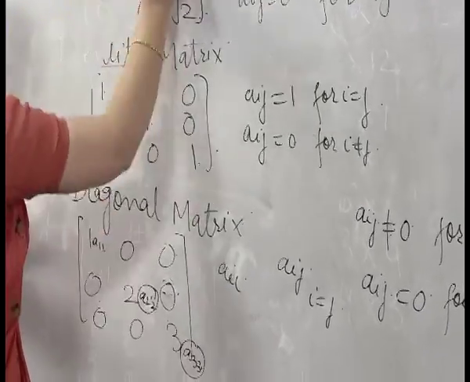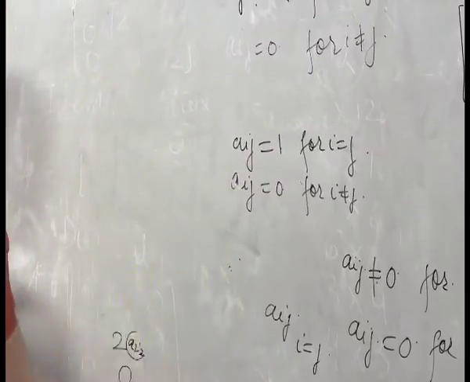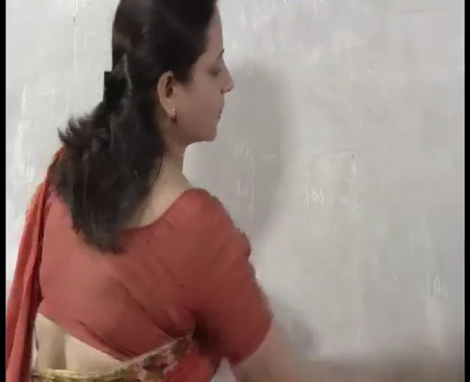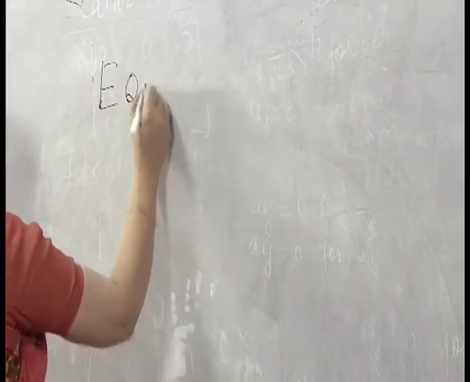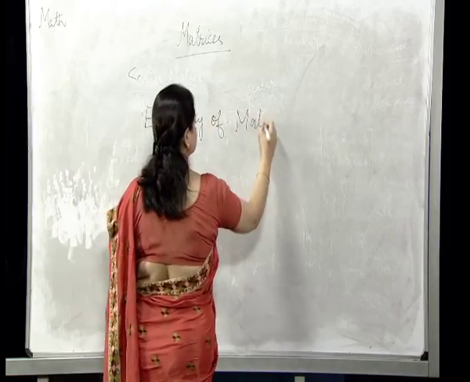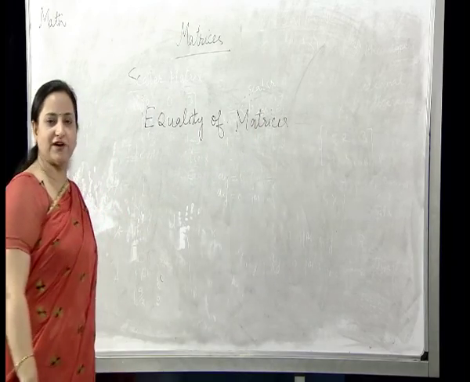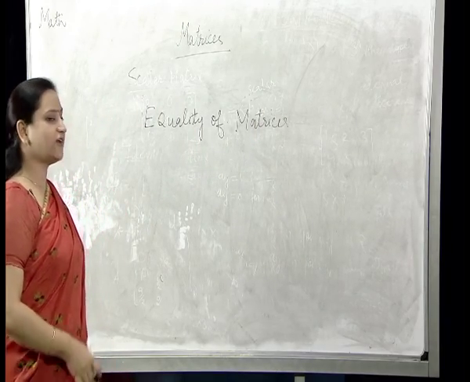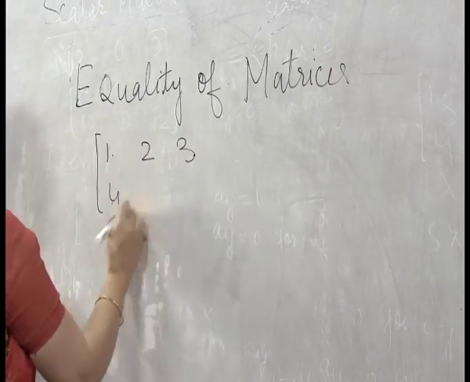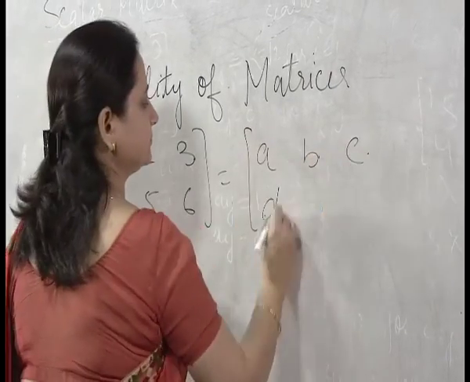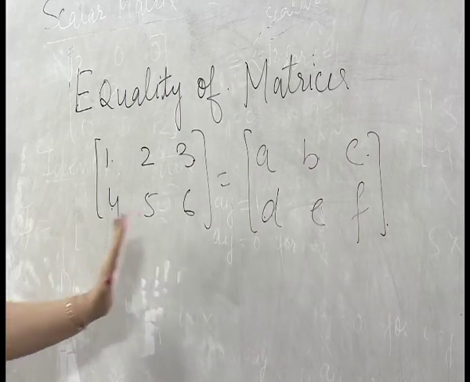Now, after this we will study the equality of matrices. Two matrices are said to be equal if they have the same order. These are the two matrices.